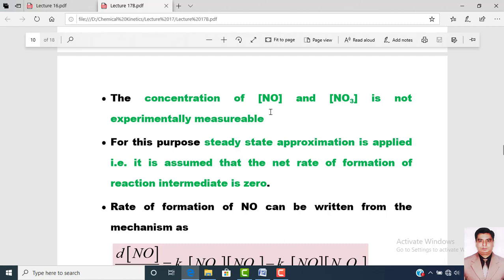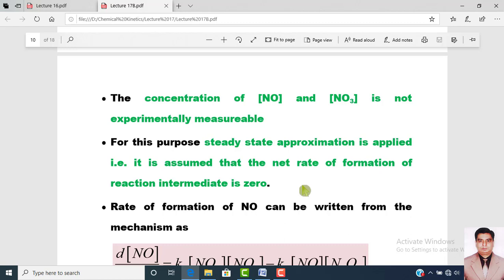So for this purpose, we will apply the steady state approximation. What is steady state approximation? It means we assume that the net rate of formation of reaction intermediate is 0.